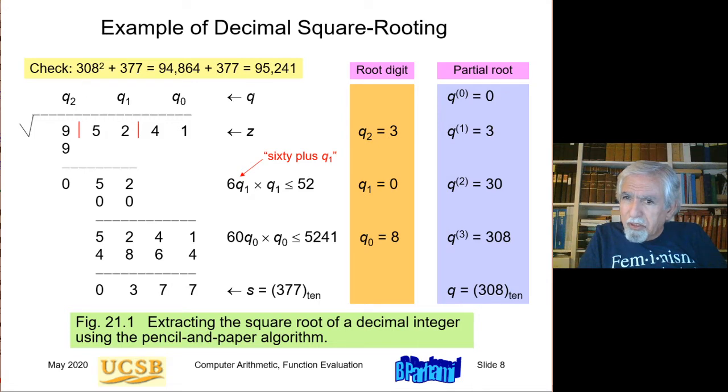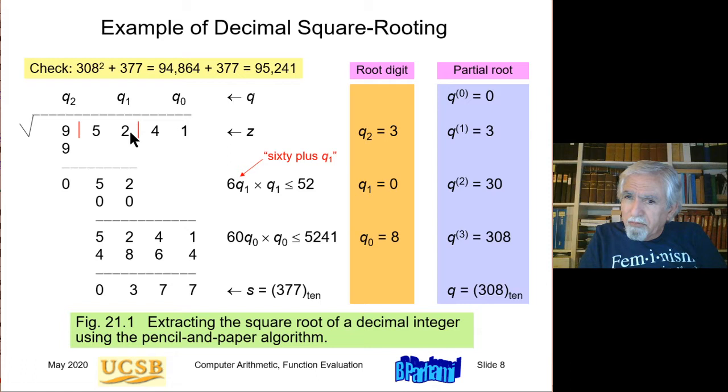Okay? All right. So how do I extract the square root of a decimal number using a manual algorithm? I first divide the number into groups of 2 digits from the right end. So first group, second group, third group, or you can say zeroth group, first group, second group. And then each group corresponds to a digit in the root.